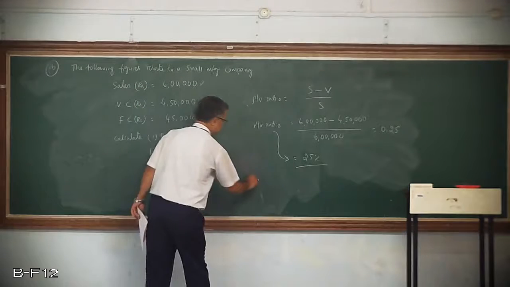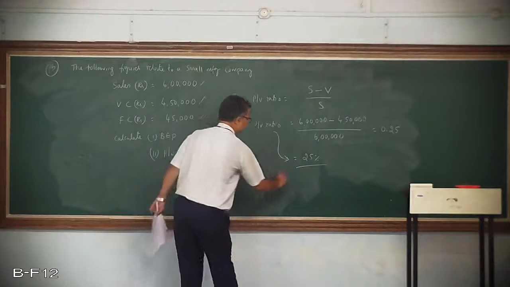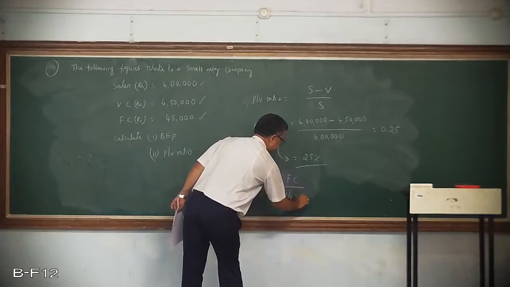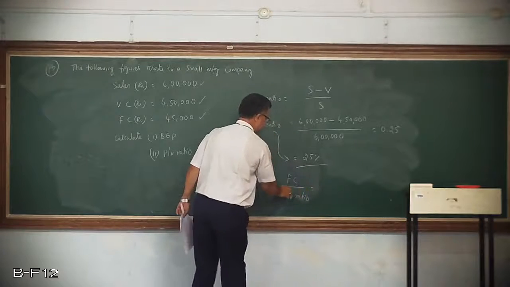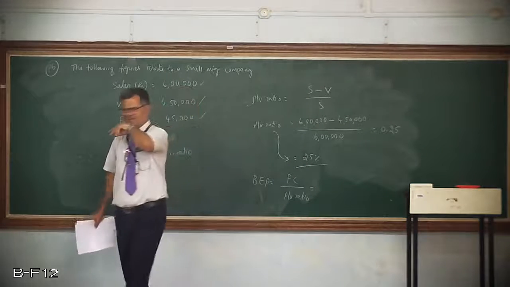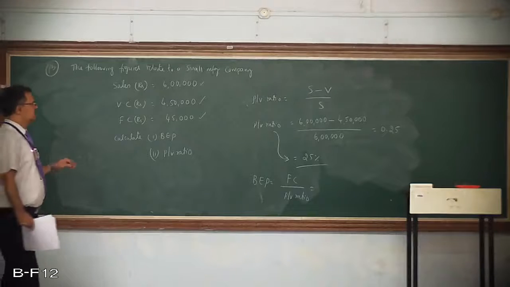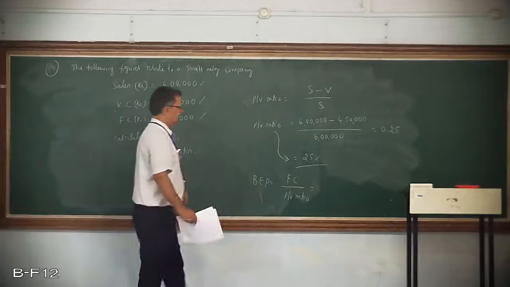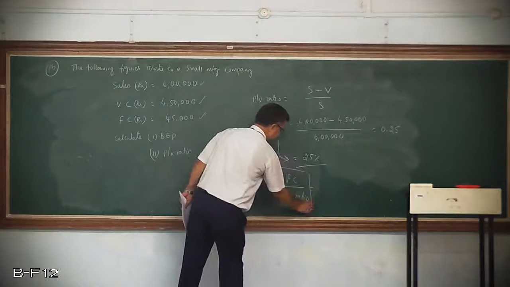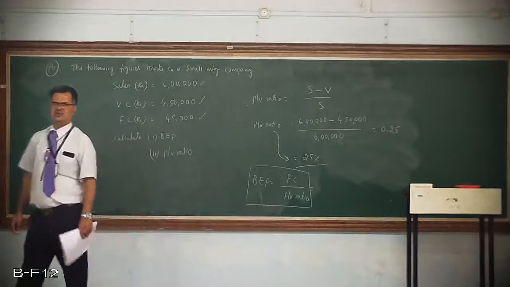Now calculate break-even point. BEP is equal to fixed cost by PV ratio, because the data relevant to PV ratio is given, whereas the data for calculating BEP as per the formula previously is not given here. But the BEP can also be calculated using one more formula, that is the ratio of fixed cost by PV ratio.